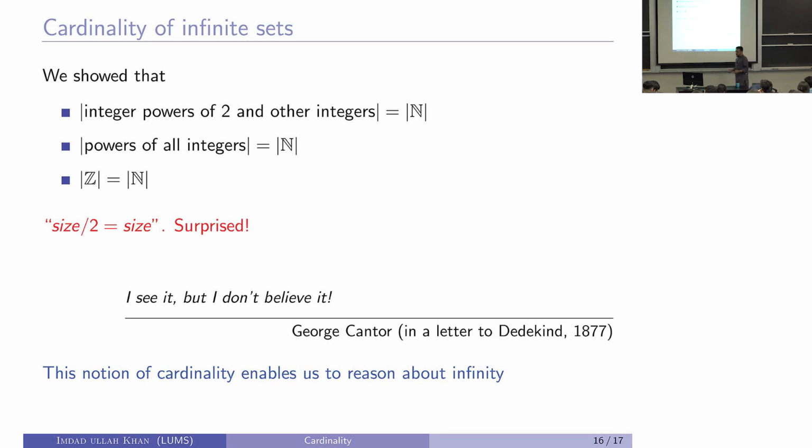So, it basically tells us that size divided by 2 is equal to size. The natural numbers, even if you halve it, you still get the same number as the number of natural numbers. That is how infinite sets behave. Okay? So, I see it, but I do not believe it was the statement he made.